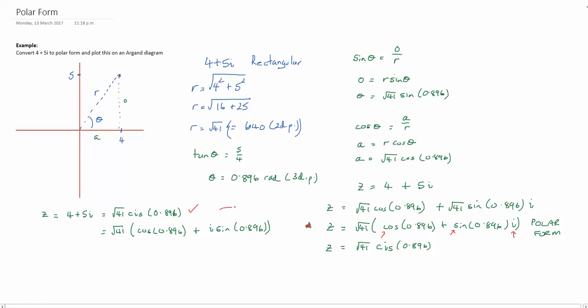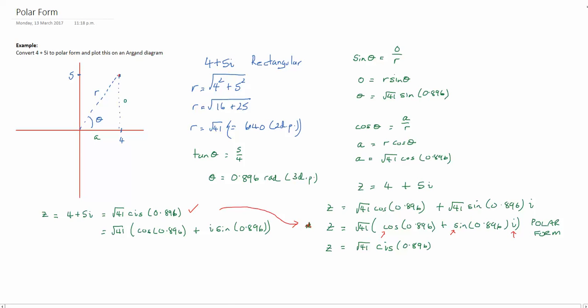You'd write it in full form like that, grab your calculator and calculate these bits, and then figure out what the real part is and the imaginary part is. Remember, this here would be the real part, and root 41 times that sine value would be the imaginary bit. Okay, so that's really what polar form is.